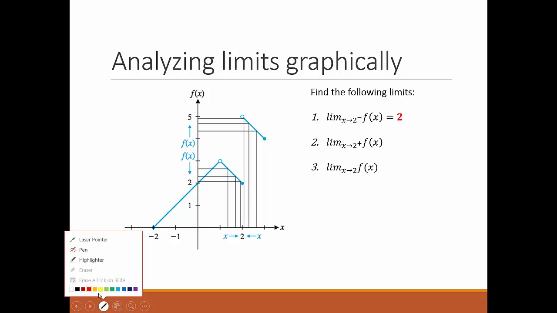Let me get a little laser pointer action going here. I'm approaching from the left, here I go, away I go. I get really close to 2 from the left, and I can see the value of my function is 2.